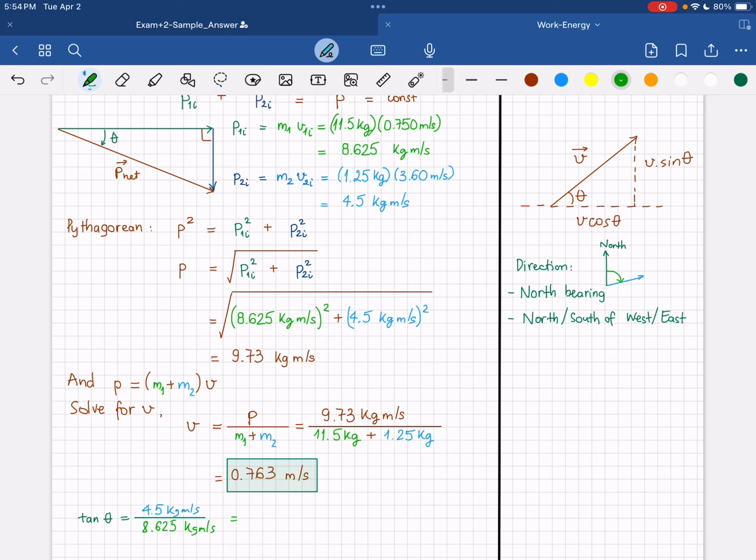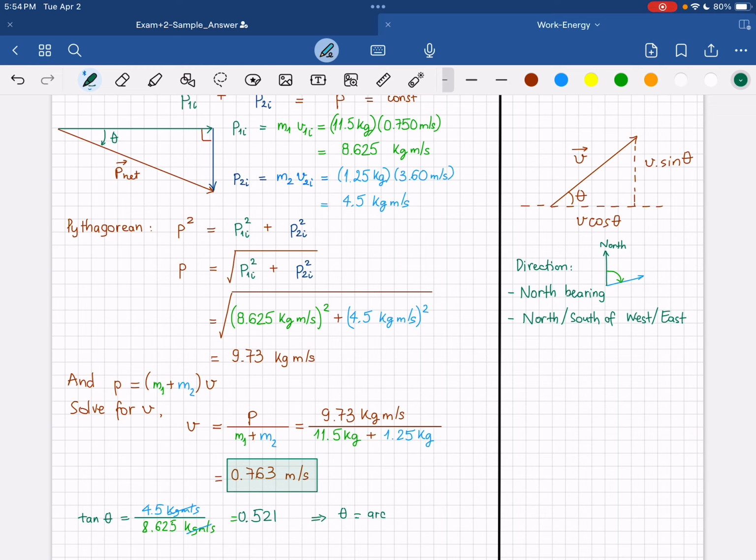And that makes sense because the value of the tangent should be just a numerical value. And this is what I got, 4.5 divided by 8.625. Then I got about 0.521.